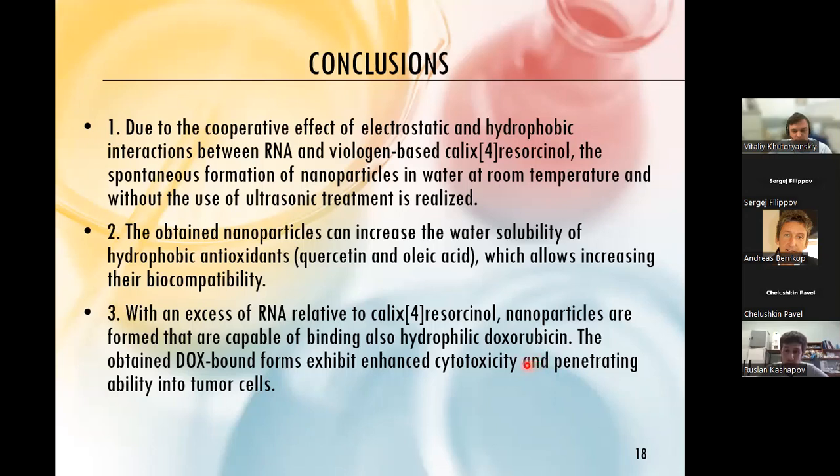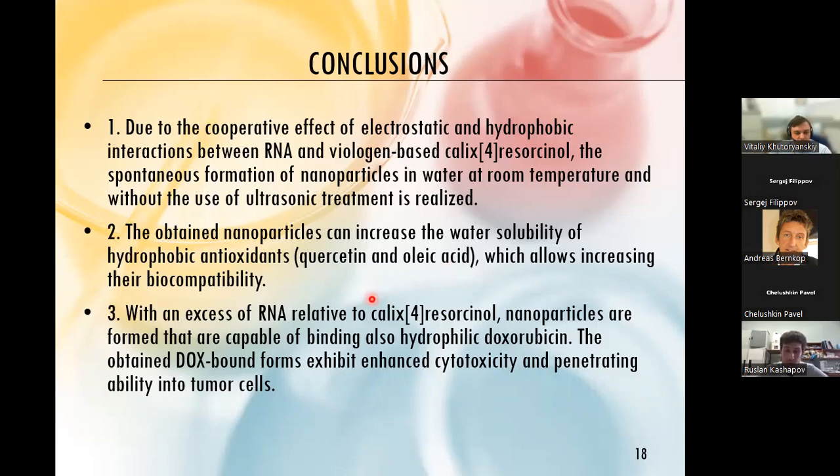Moreover, this supramolecular approach doesn't require large amounts of energy, which meets the criteria of green chemistry. Obtained nanoparticles can increase the water solubility of hydrophobic antioxidants, which allows increasing their biocompatibility.